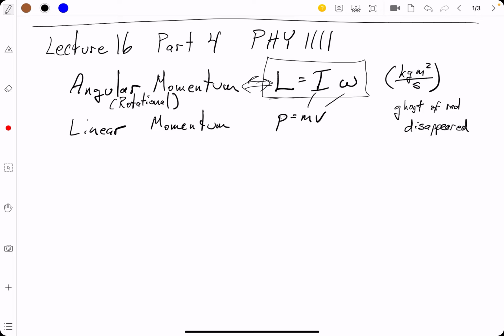All right, so here's what I was trying to do earlier a little bit. I was trying to talk about the Earth going around in a circle. That didn't work. Let's try this again.